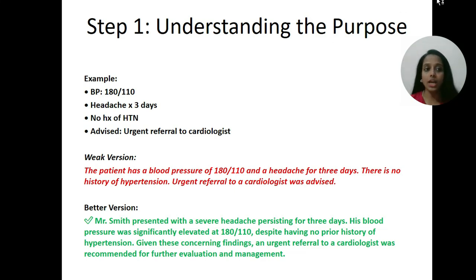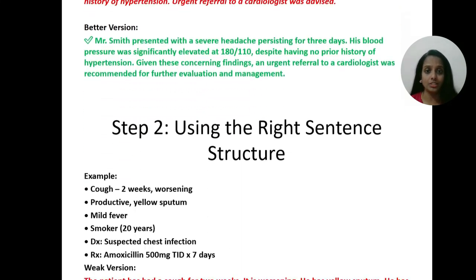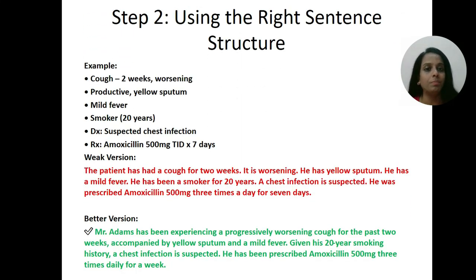Got it? Now, the next step that you need to concentrate on is the biggest mistake many candidates make, which is writing short, choppy sentences, or they will make overly complex ones. So here the key is balance. Step two, we are going to focus on using the right sentence structure.